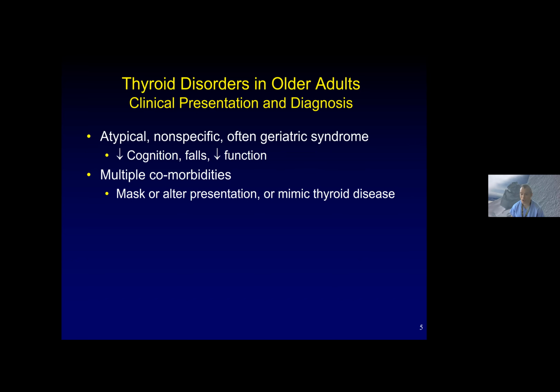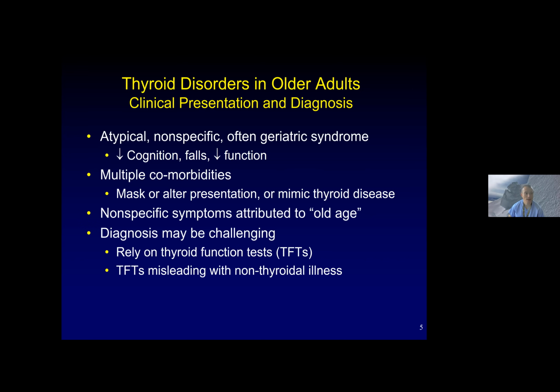They're also usually associated with multiple comorbidities that can mask or alter the presentation, or sometimes mimic thyroid disease. Sometimes these non-specific symptoms can be attributed to old age, and the diagnosis may be challenging.